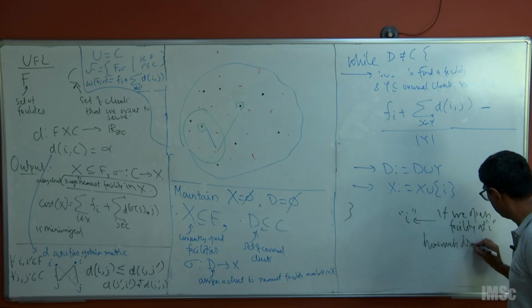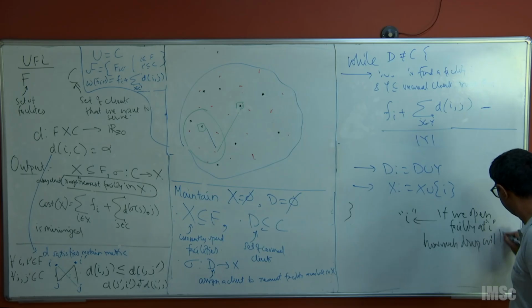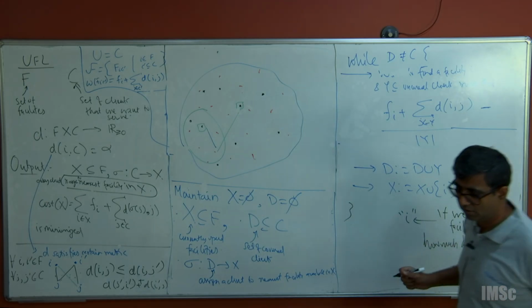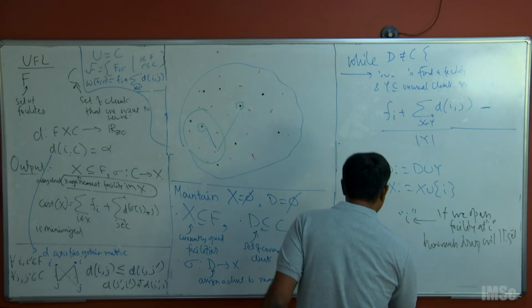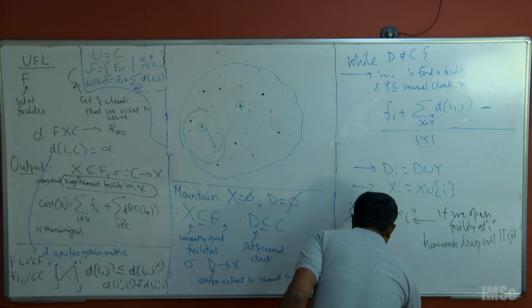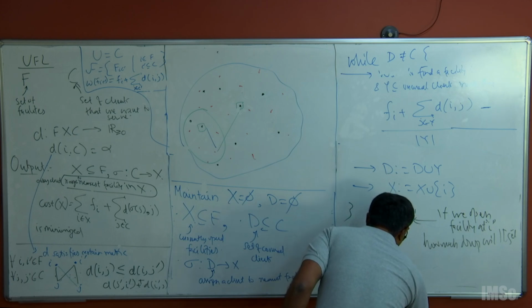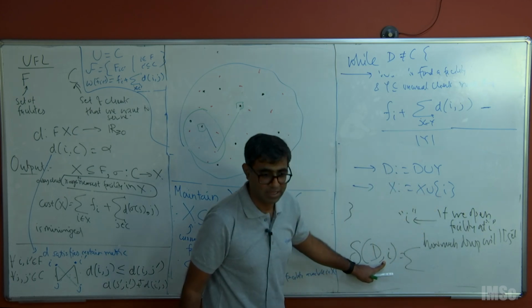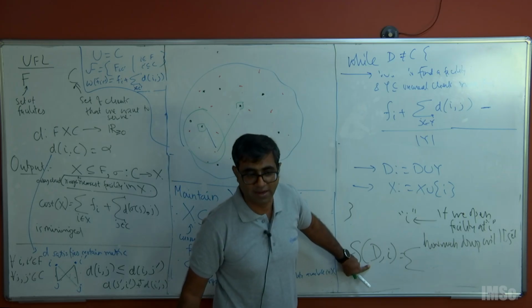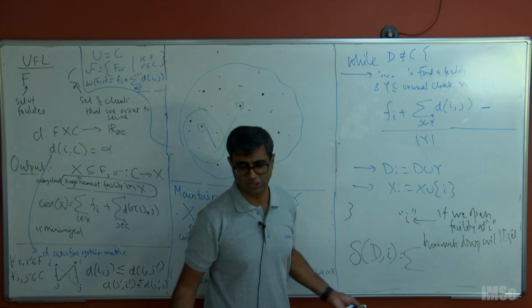How much drop will I get? Like, what is the change? So I'm going to write change. If I open my facility at I and D are already selected clients, then let's see what their changes are.